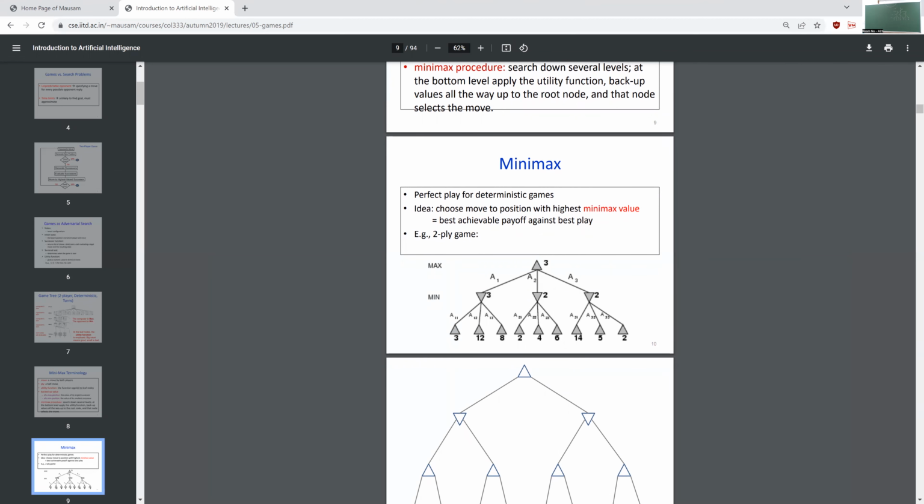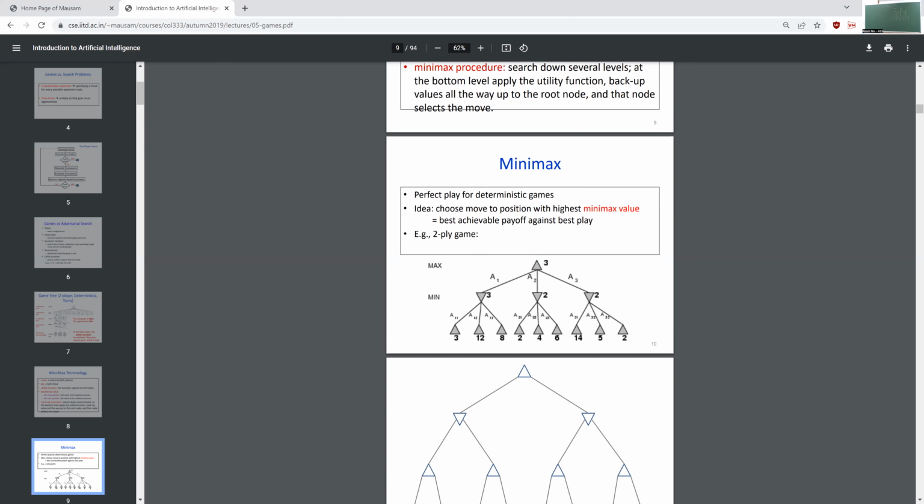So if the max node has selected A2, then the game is in state 2, and the min node can take A21, A22, or A23, one of the 3 actions as a reply. As a result, you end up in the max node again, which is layer 2, the leaf nodes here. We consider a very small two-ply, one-move game for understanding minimax.